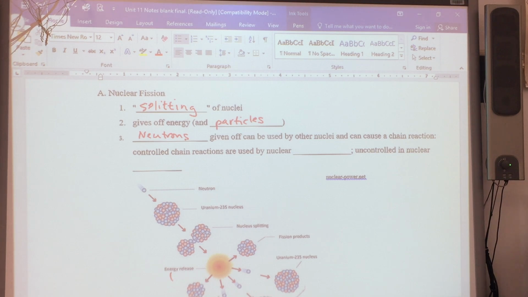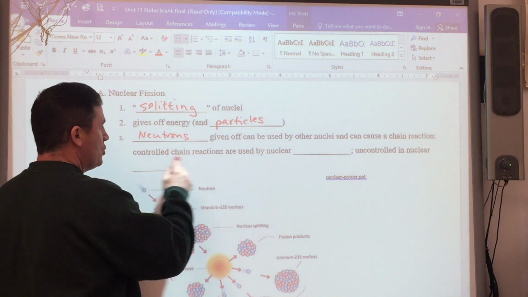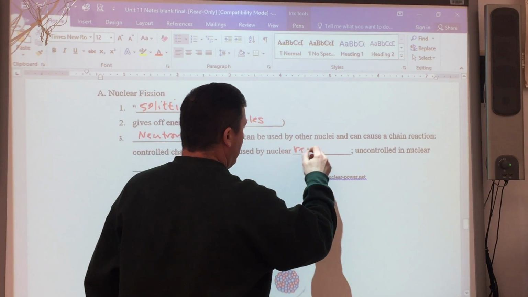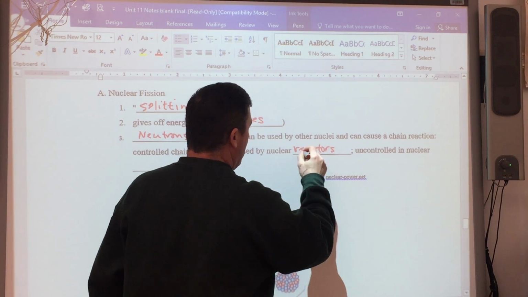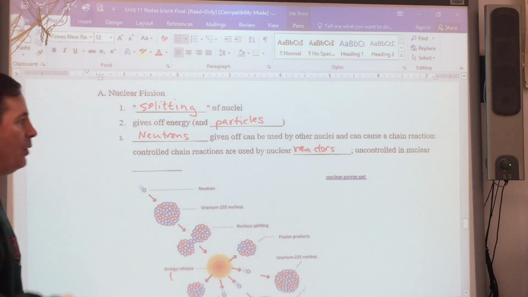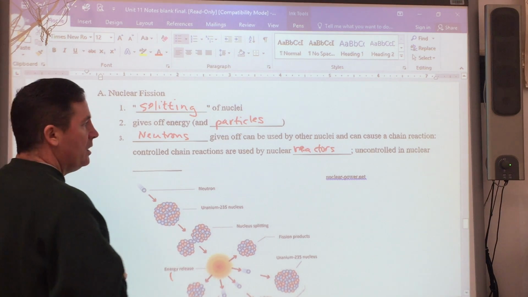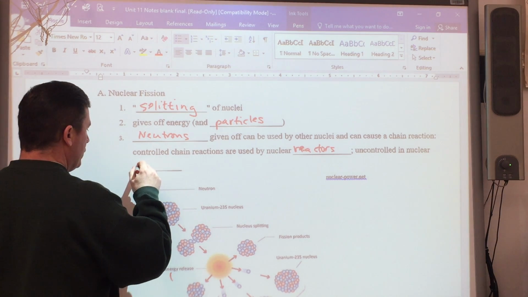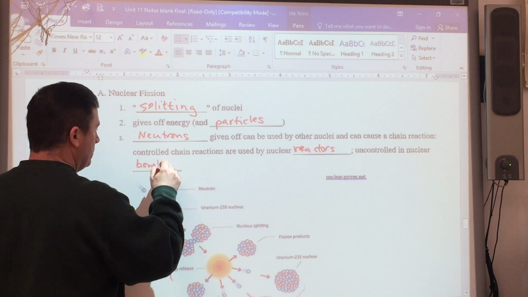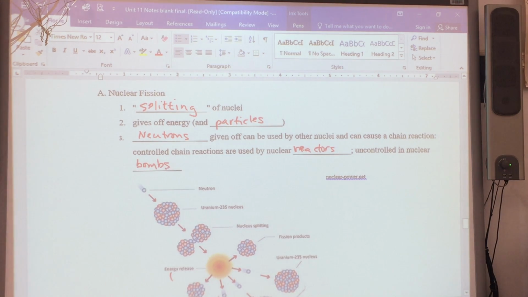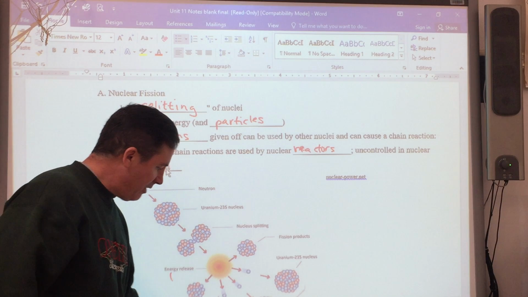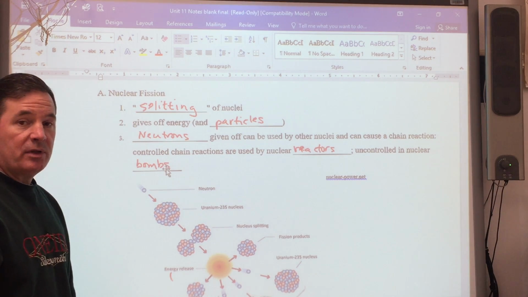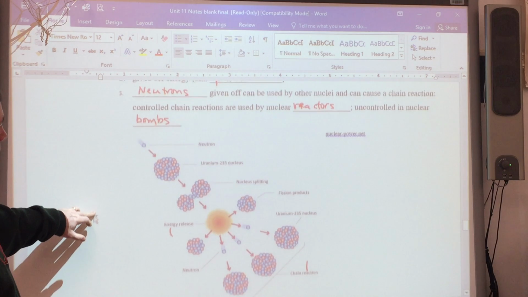So, controlled can be used by nuclear reactors, like the one in Nine Mile Point up in Oswego, and uncontrolled in nuclear bombs. Causes a chain reaction, and that chain reaction just releases all kinds of energy, like we did in 1945 in Hiroshima and Nagasaki.